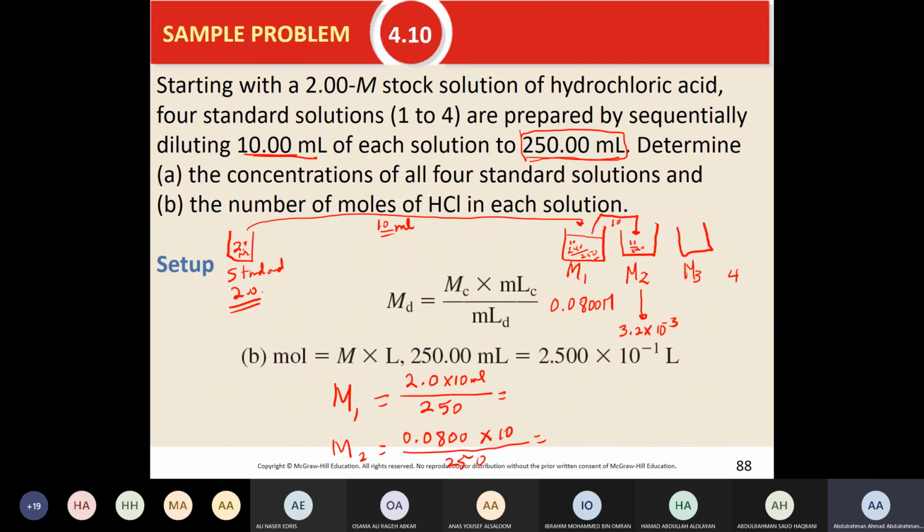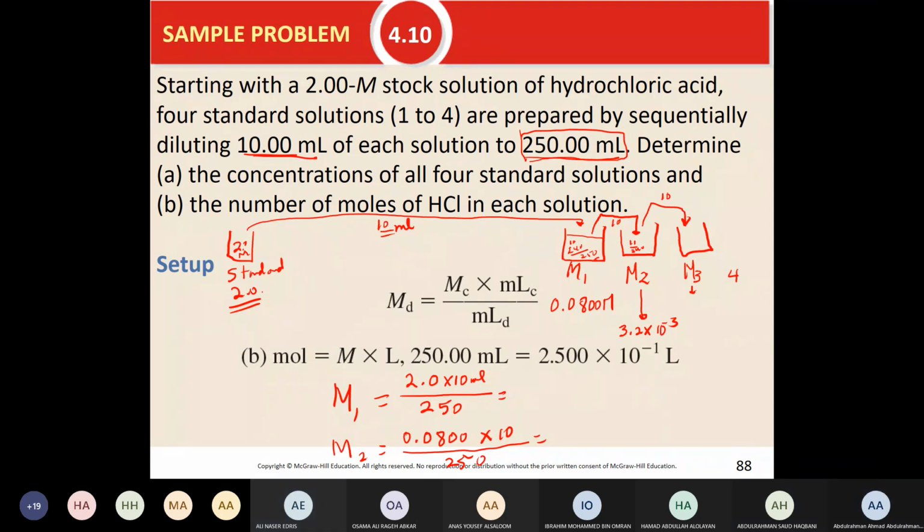Let's do the same with M3. What will be M3 in this case? We calculated M2, 3.2 times 10 to the power minus 3. I want M3. I take M2, multiply by 10, divide by 250. Exactly.